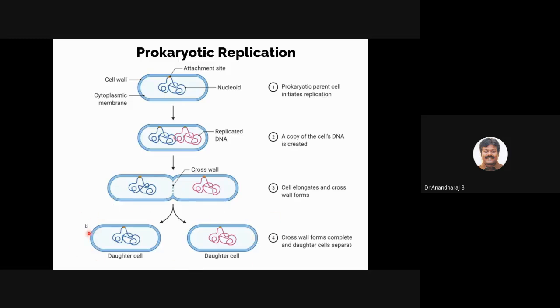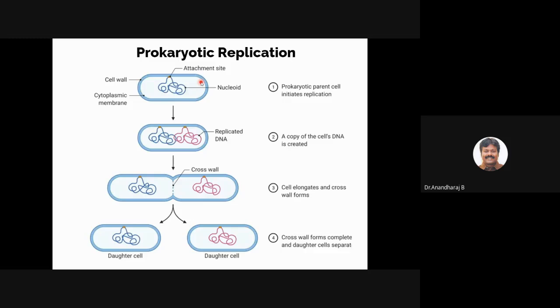Why am I calling them two daughter cells? Any idea? This is the prokaryotic parent cell. From the parent cell, two daughter cells will come. One cell will be converted into two cells, and the two new cells we call daughter cells. Why am I calling them daughter cells? What happened to the parent cell?